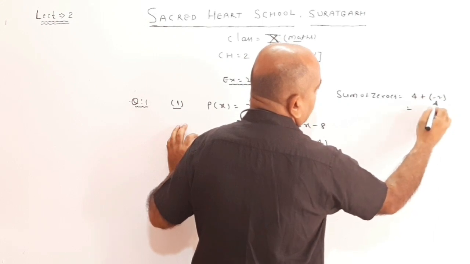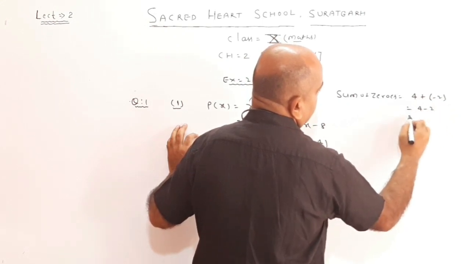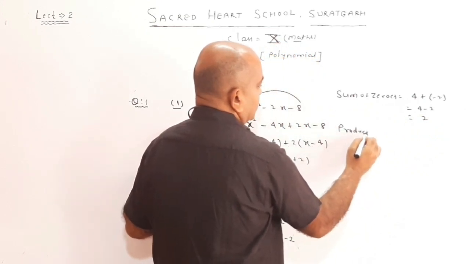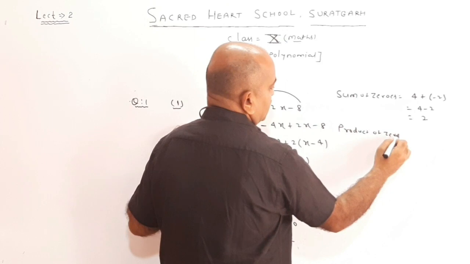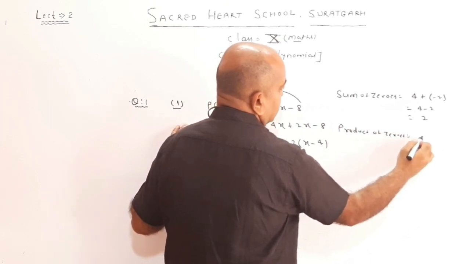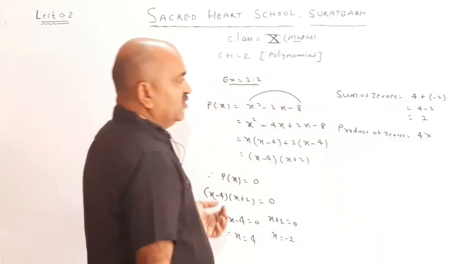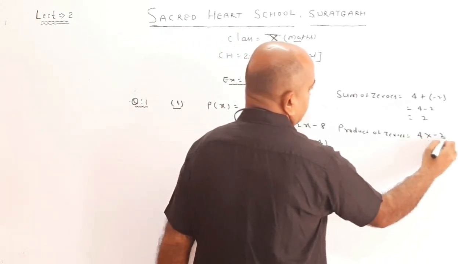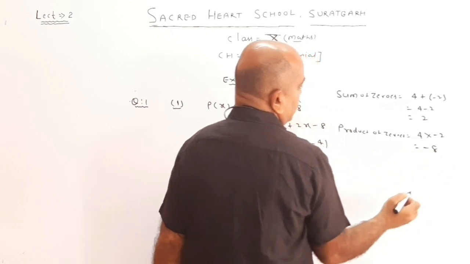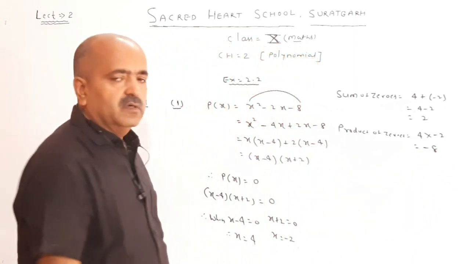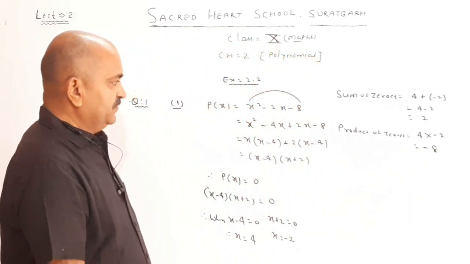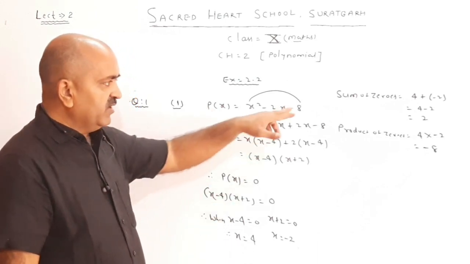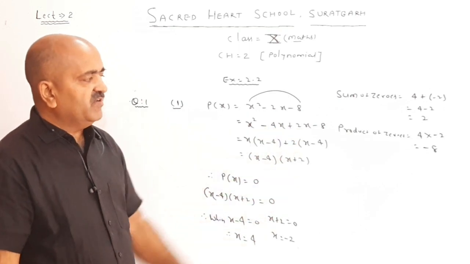So what is the sum? 4 minus 2, it means 2. Now we find the product of zeros. Yes, students. Value of x, first 4 and second value minus 2. So what is the product we obtain? Minus 8. Okay. So first we find zeros, then we find sum of zeros, and after that we find product of zeros.